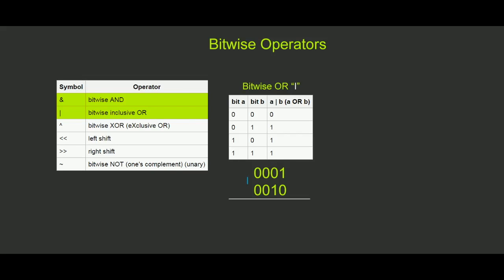Let's draw the line to see the result of this operation, and the result will be equal 0, 0, 1, 1. Applying an OR operator on both of these numbers will finally result in this number, 0, 0, 1, 1 in binary format. It's a lot like regular multiplication, where you have one number underneath another, and this is the result of this operation.